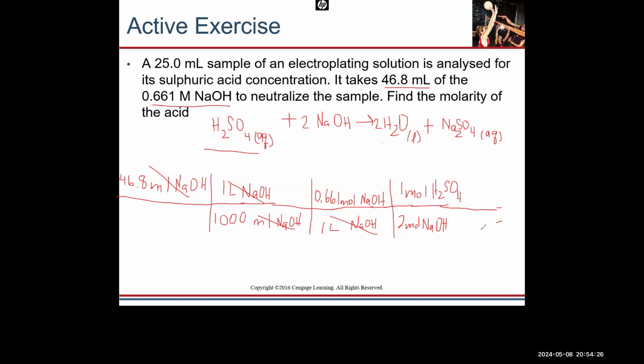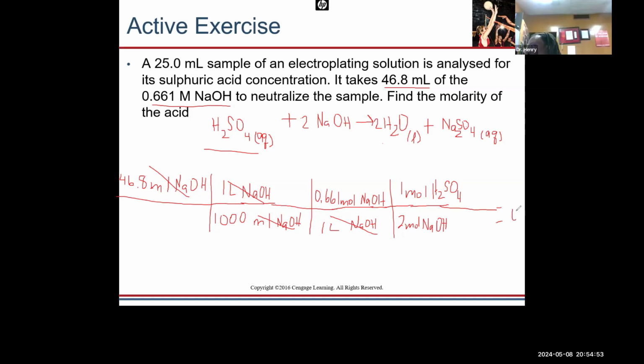That should be 0.01546, but we want three sig figs, so we're keeping 0.0155.